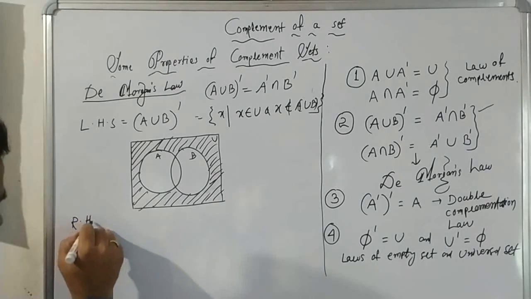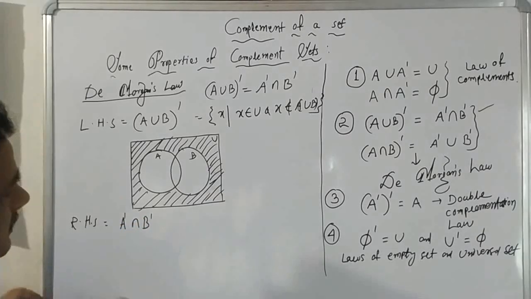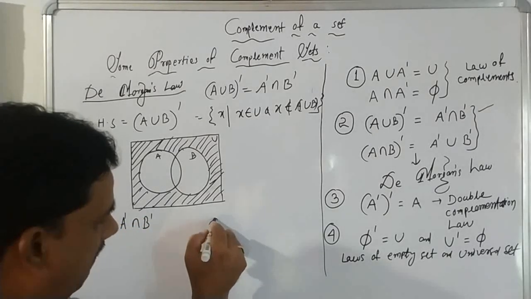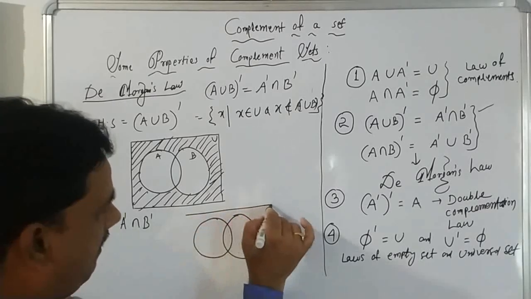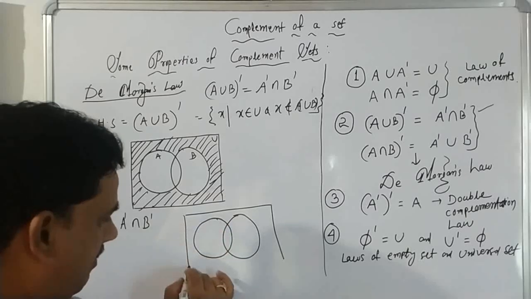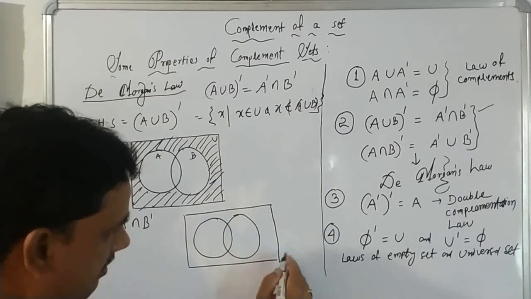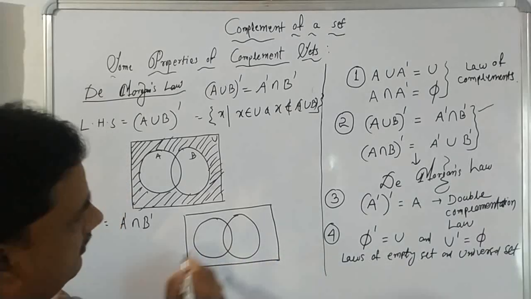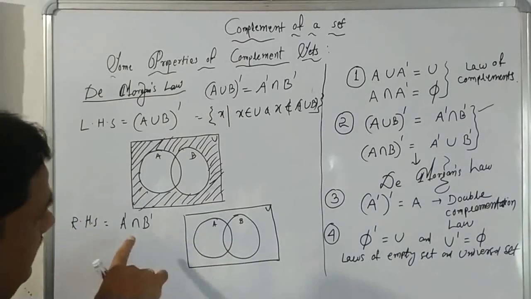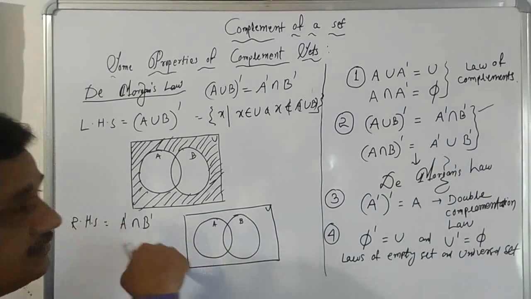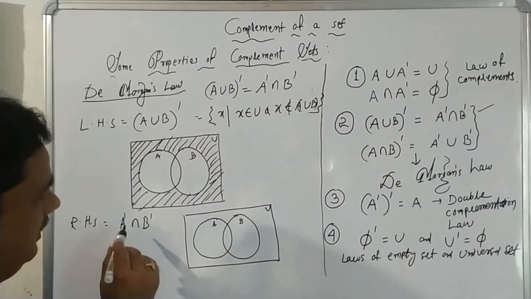RHS: A dash intersection B dash. A, B, and U. First, let us show separately A dash, B dash, then its intersection. Let us draw A dash.